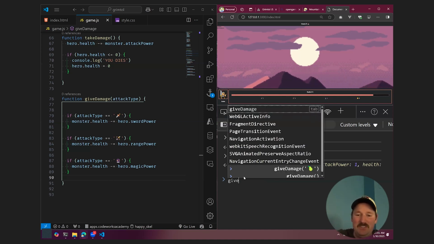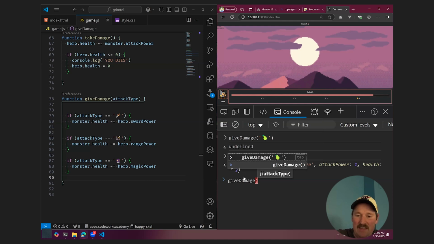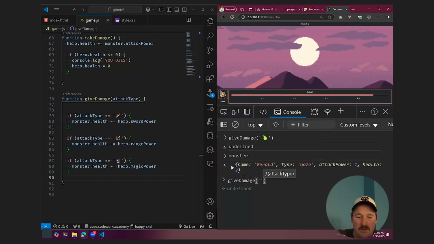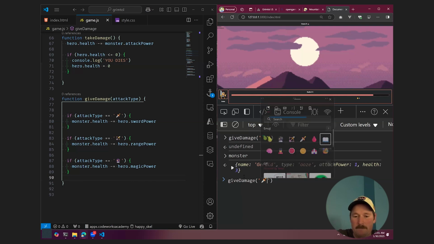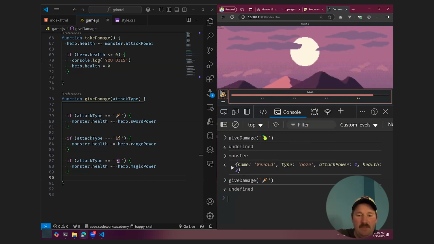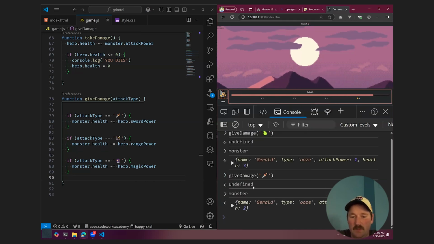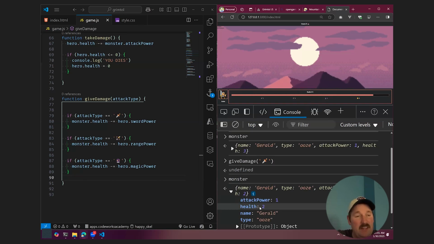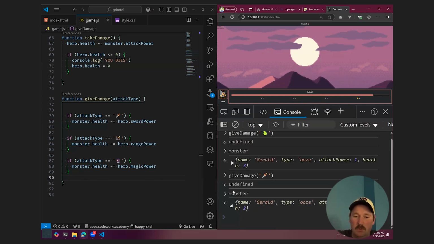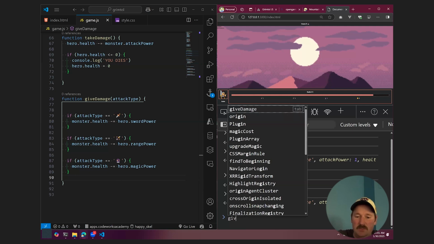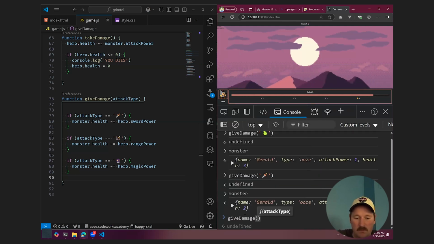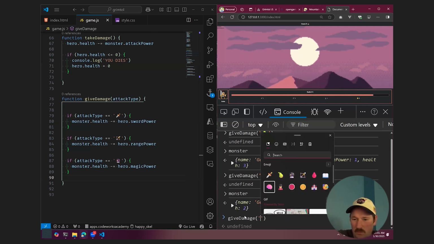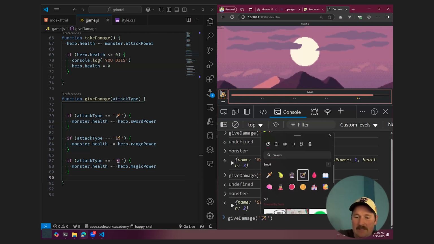But if we say giveDamage and we pass in the sword emoji, and then we look at our monster, his health went down to 2. Cool. So if I give damage ranged, oh, nice.